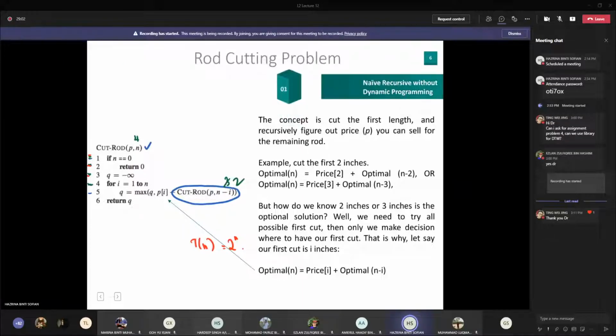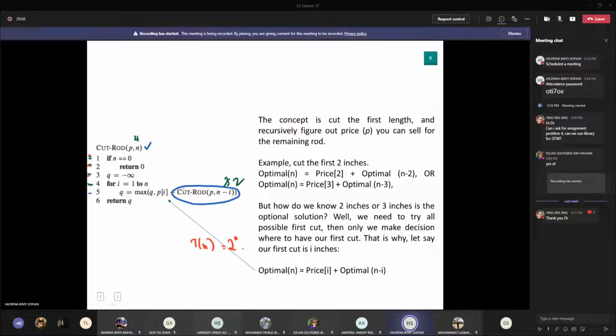So in this lecture, we just want to see how we live without dynamic programming. Okay. So the concept is cut the first length and recursively figure out the price you can sell for the remaining rod. Okay.